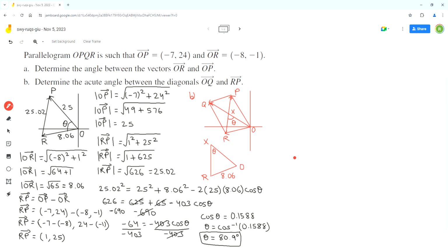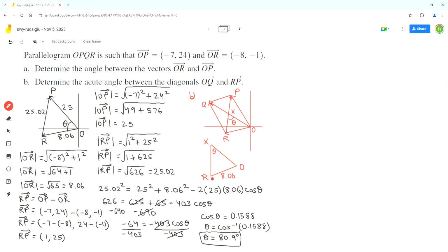So that means side RX in this triangle is half the length of diagonal RP. And in part A, we found that vector RP has a magnitude of 25.02.